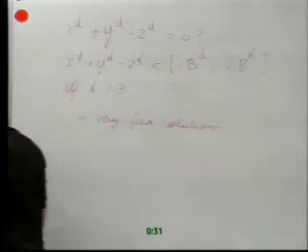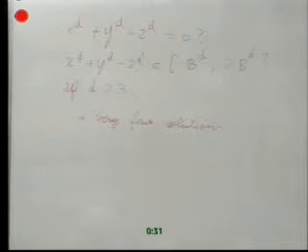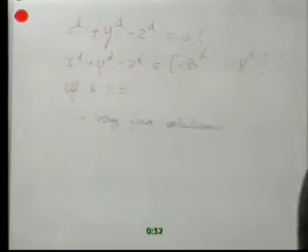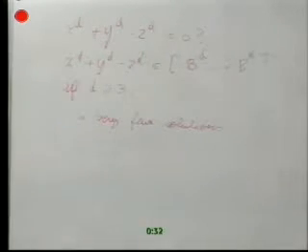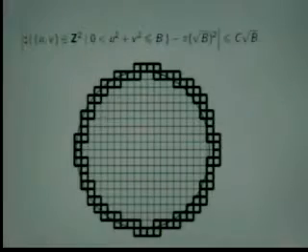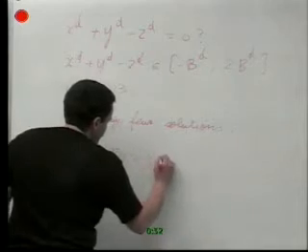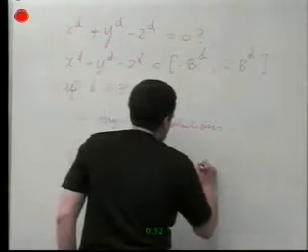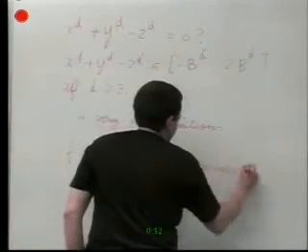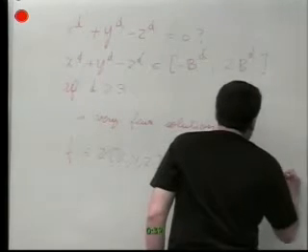Now you can think that this reasoning works for any homogeneous equation of degree d. So let's take more generally an arbitrary equation in x, y, z, homogeneous of degree d.